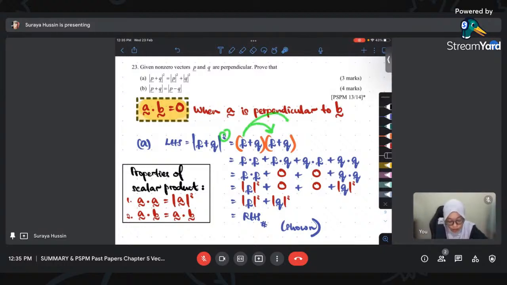Cumanya, apa yang membezakan dia, kamu tak boleh tulis PP. Dalam vektor, you tak boleh tulis PP. Dia sama ada P dot P ataupun P cross P. Because that is what we learn in vector.